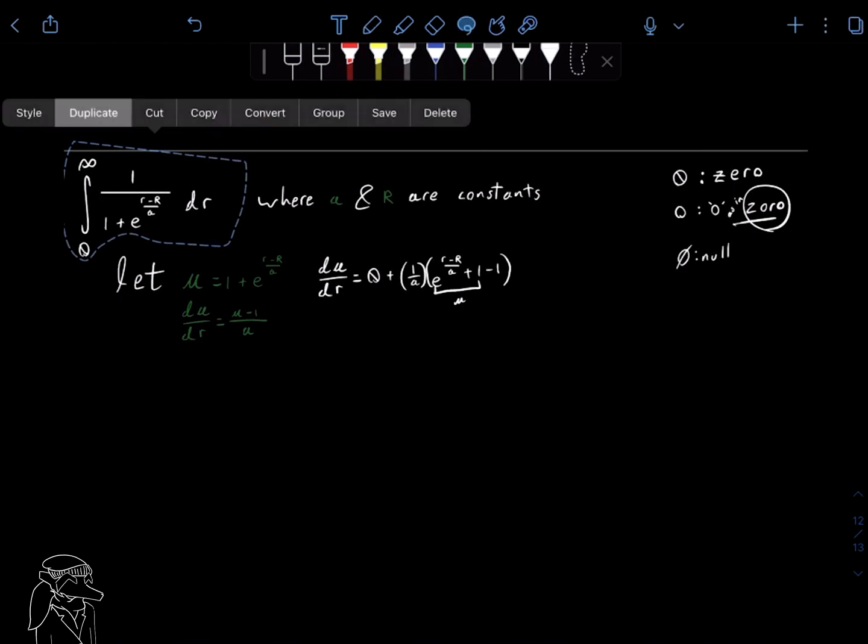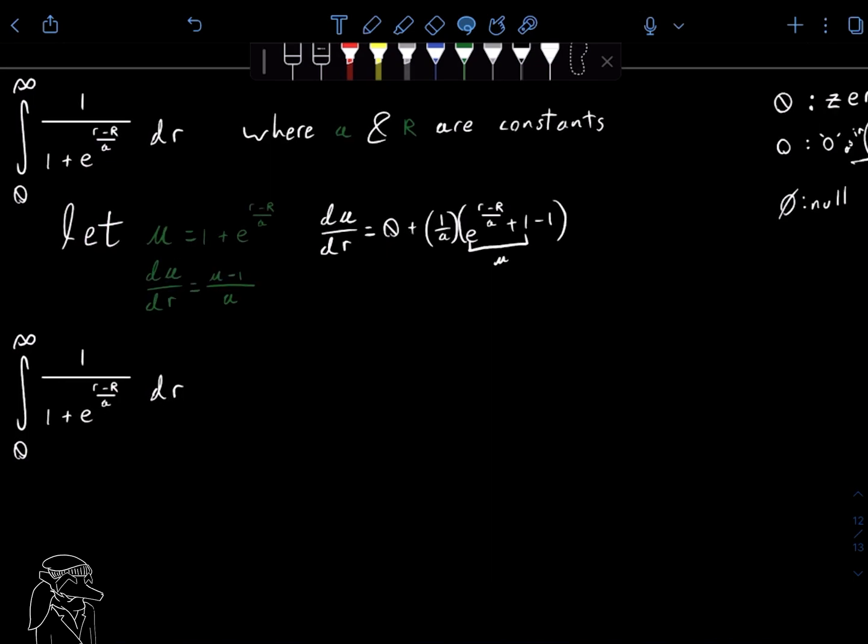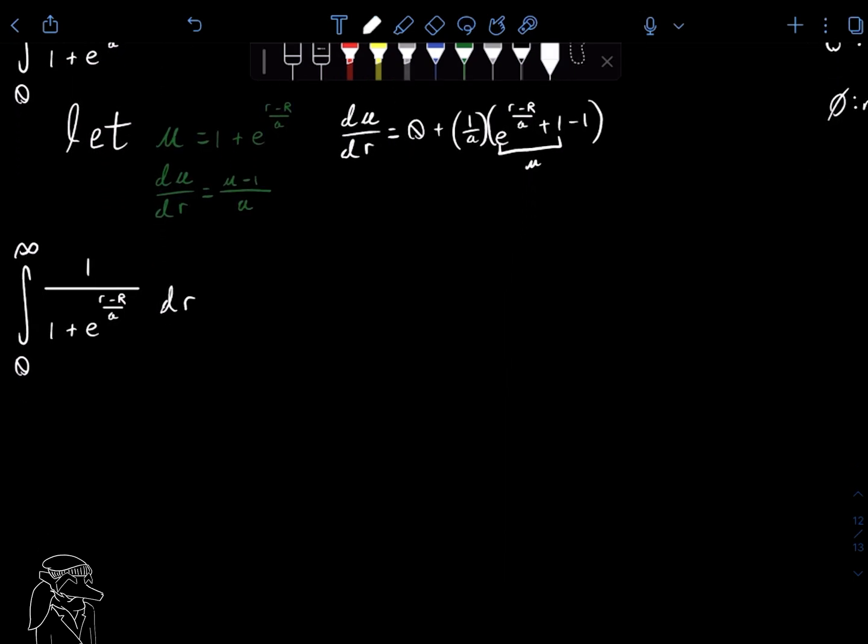So now I'm going to rewrite the original integral in terms of u. However, I'm going to keep the bounds in terms of r, just because 0 is a nice number. The denominator here is just u, so we rewrite it as 1 over u, and from du over dr, to change the variable of integration, we just take the reciprocal.